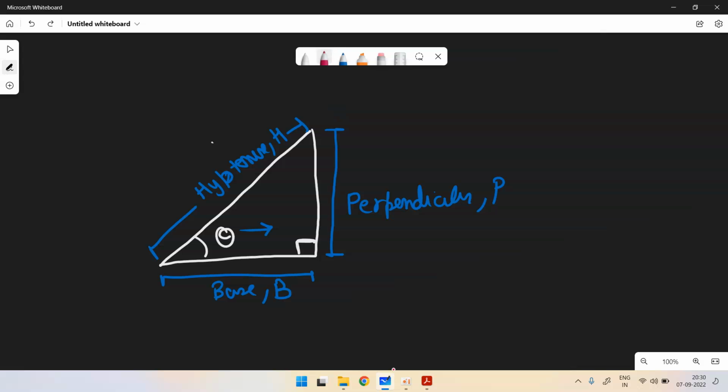Now he gave certain relations between these. This is triangle MON. Then what he said is that sine theta, which is represented by sine of theta, is nothing but perpendicular, this is P, by hypotenuse.